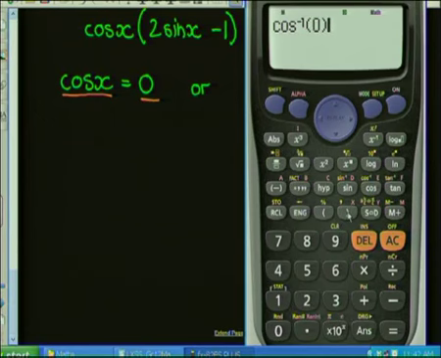But before we get the answer here, I want you to think in your head and visualize your cos graph, and think where you've got your value, where is the cos graph equal to 0? What are the coordinates?